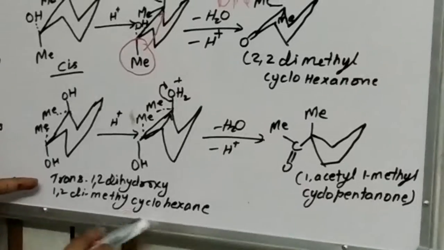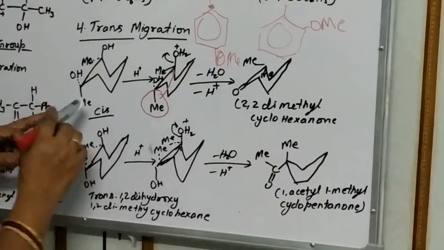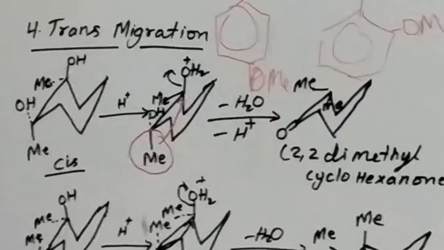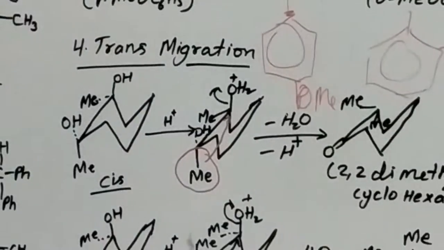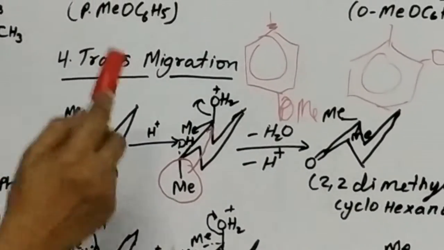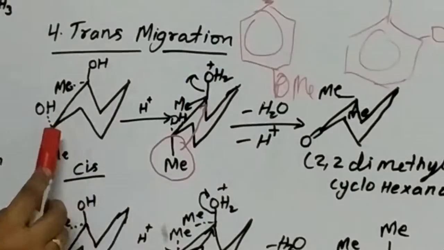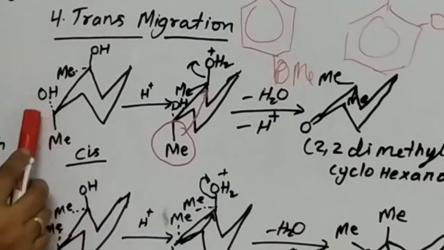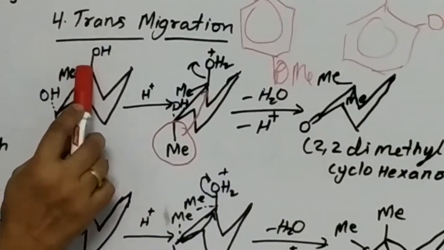This compound can exist in two forms, cis form and trans form. What is in the cis form? In this, look, this OH group will be removed and carbonium ion will be produced, and then this methyl group at the second position, being trans to this leaving OH group, will migrate to this carbon.